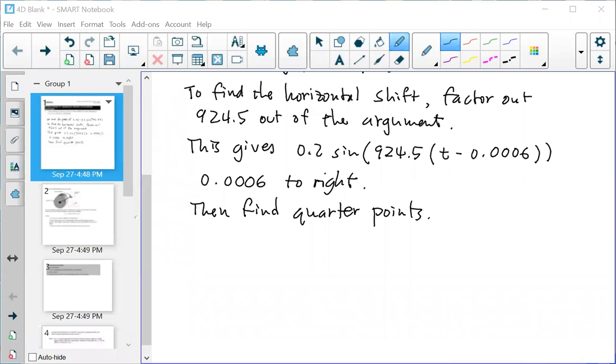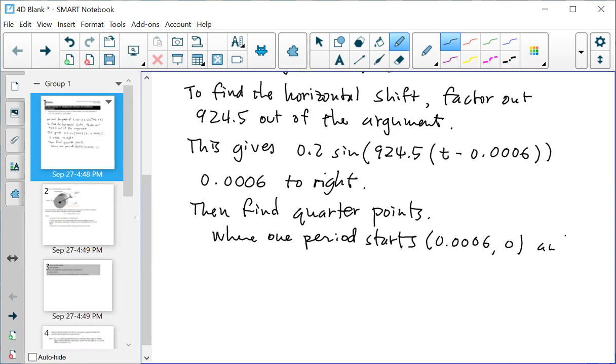Find the quarter points, and then we could state where one period starts: 0.0006, comma 0, and where it ends.